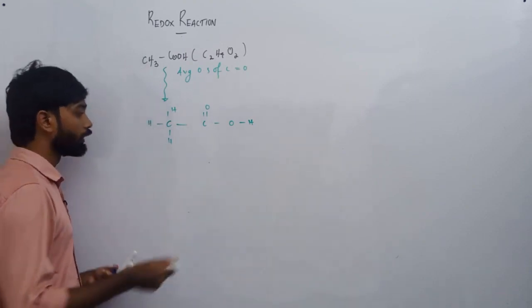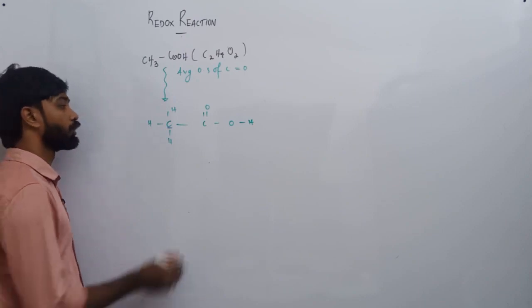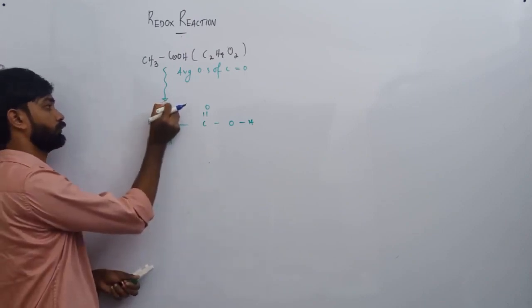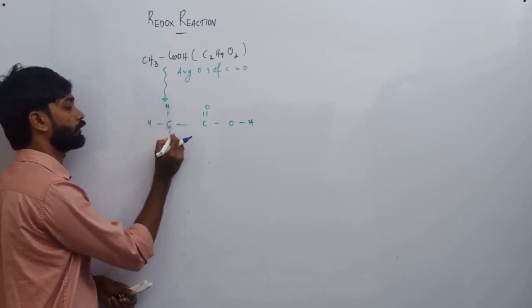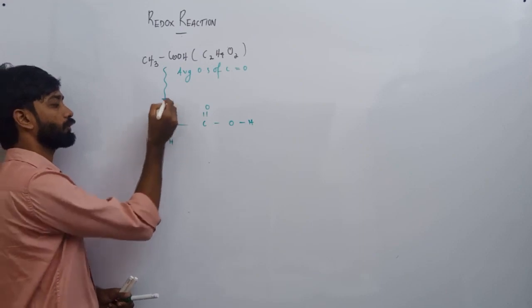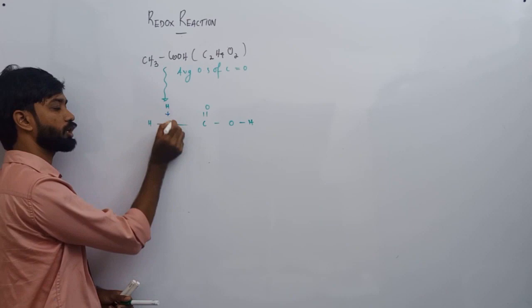Listen carefully. First of all, I am here. This is an H. This is also an H. Hydrogen is less electronegative than carbon, so electron density is towards carbon.